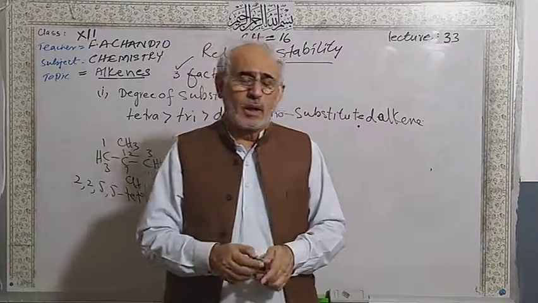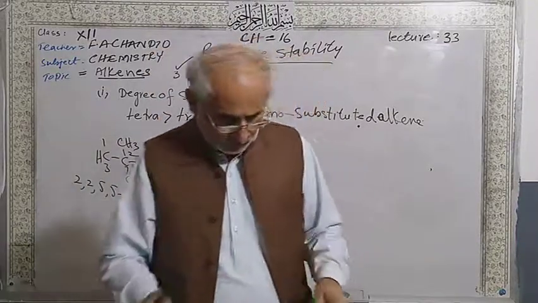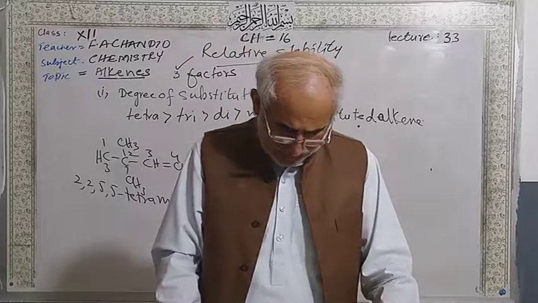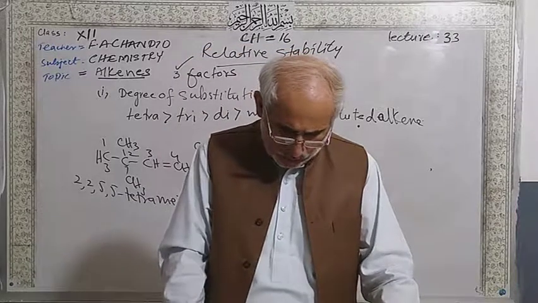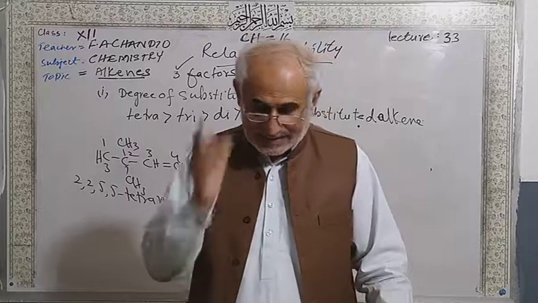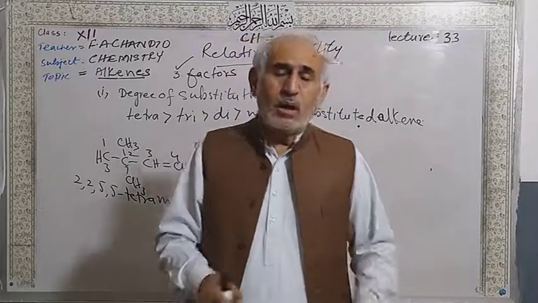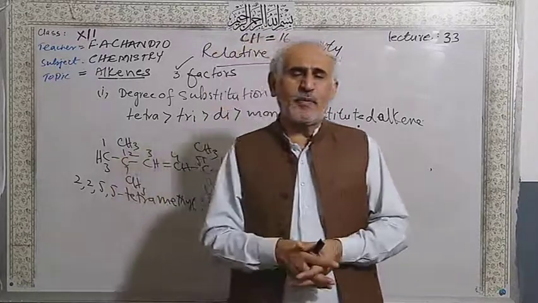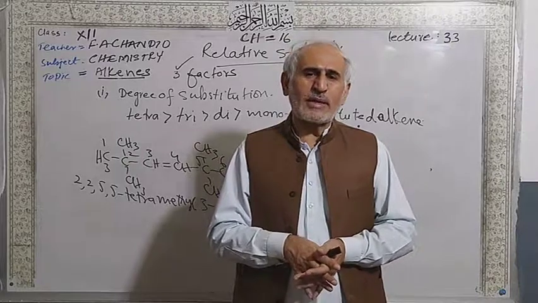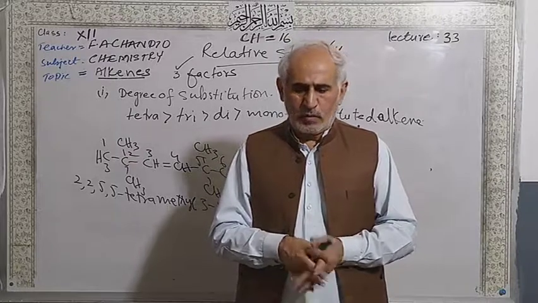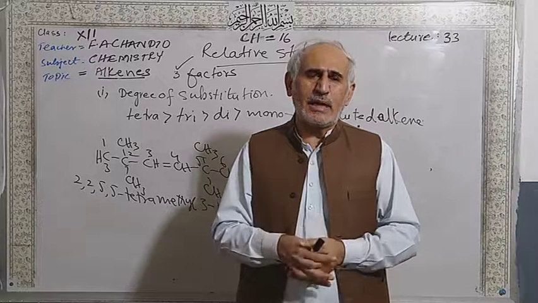Number 2, stereochemistry. We will do it here. Trans alkenes are more stable than cis. This is a type of isomerism, and we will discuss it in detail.